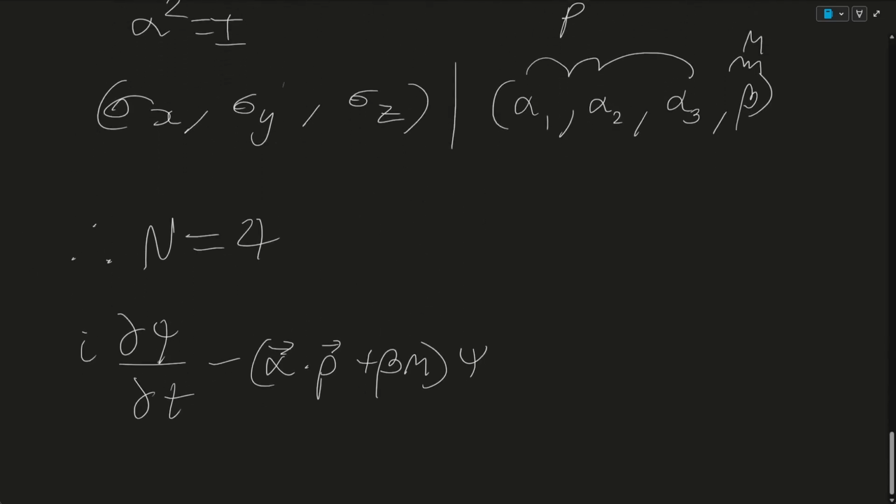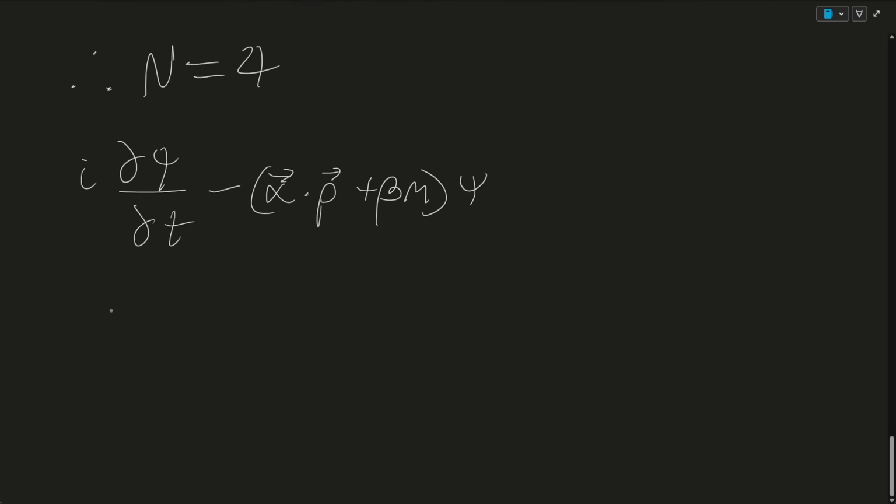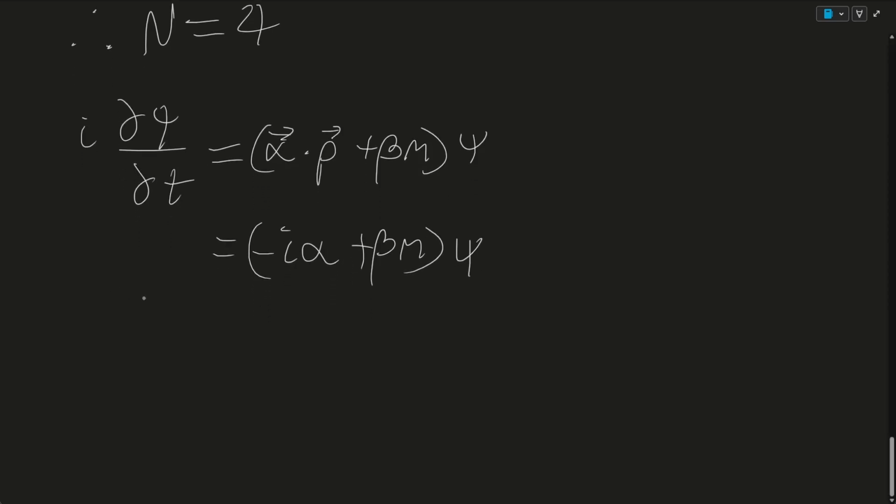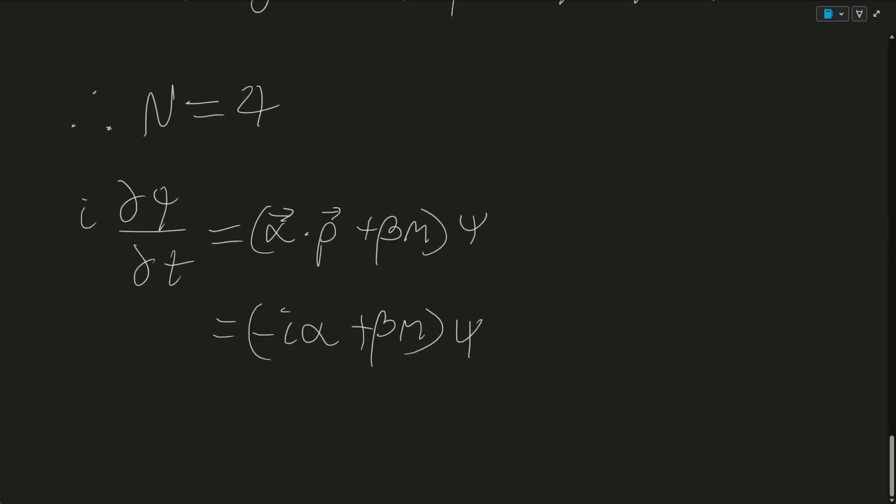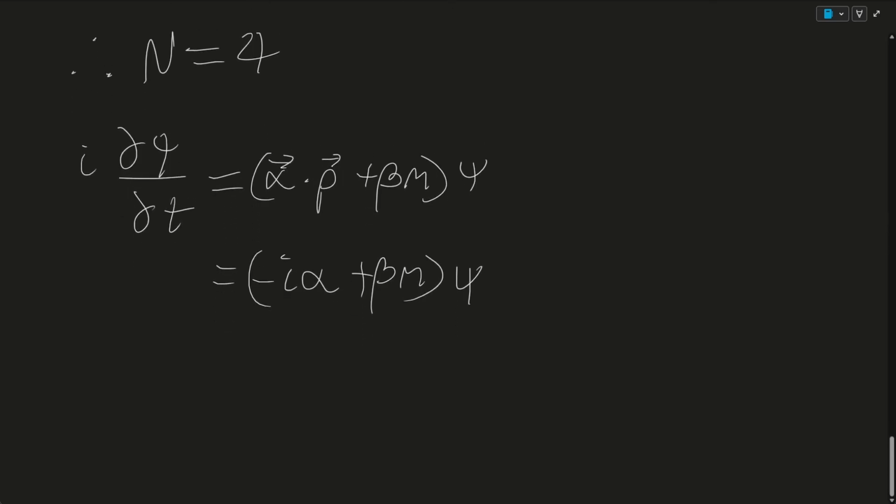Again, we said earlier that p is equal to minus i nabla, which is equal to minus i alpha dot nabla plus beta m, times the wave function. And what we want is to have a similar treatment between time and space, but time has a unit coefficient, while nabla has alpha coefficients.